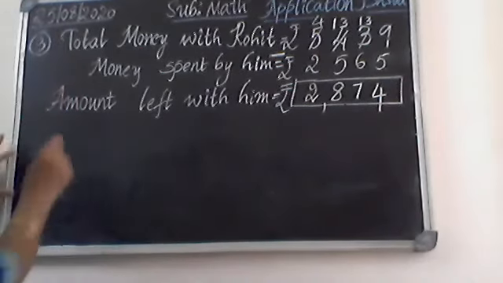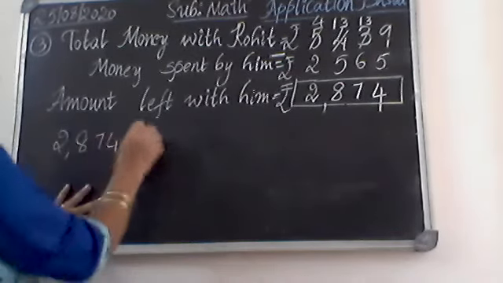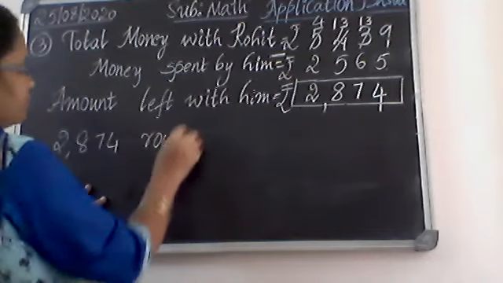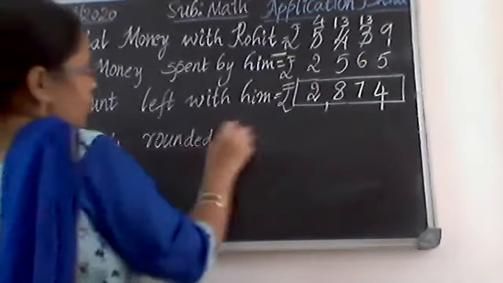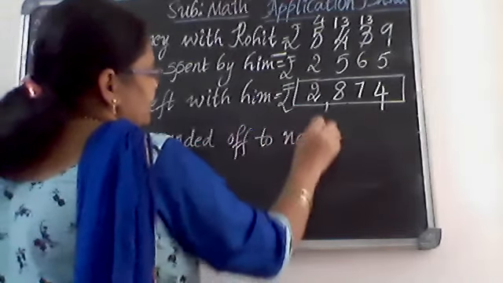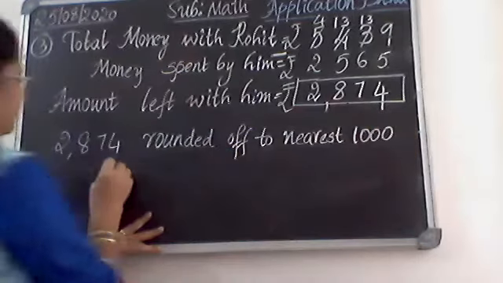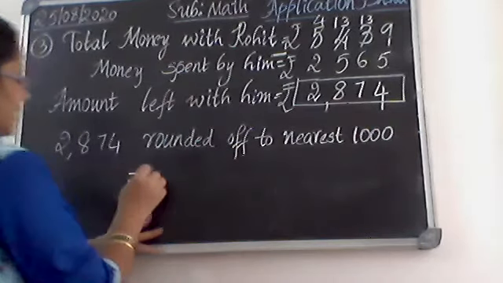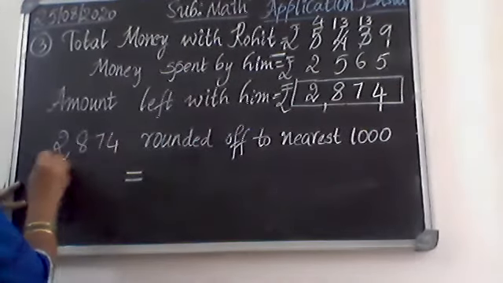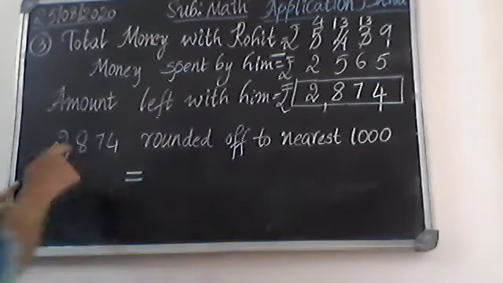So how do we do? 2,874 rounded off to the nearest 1,000. What does it become? Let us see. Where is the 1,000s digit? Underline it. 2 is the 1,000s digit. In front of it is 8.